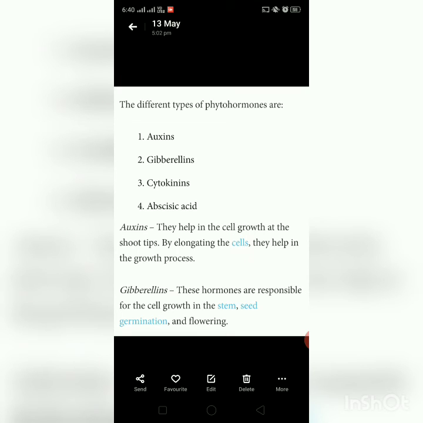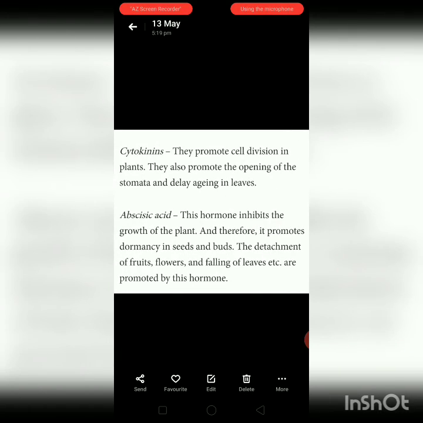Gibberellins. These hormones are responsible for cell growth in the stem, seed germination, and flowering. Cytokinins. They promote cell division in plants. They also promote the opening of the stomata and delay aging in leaves.